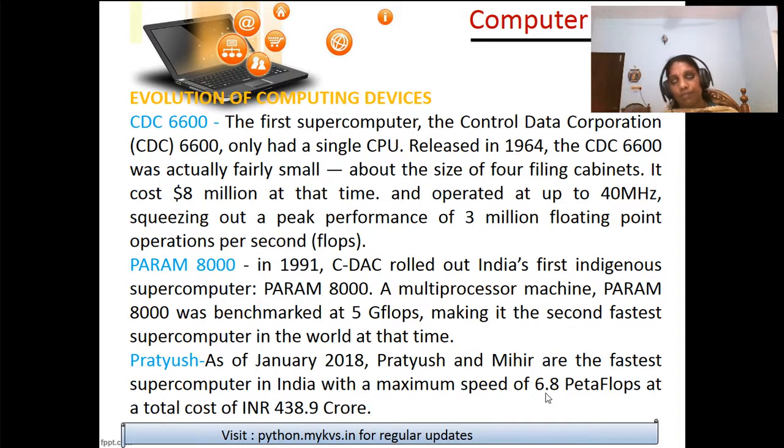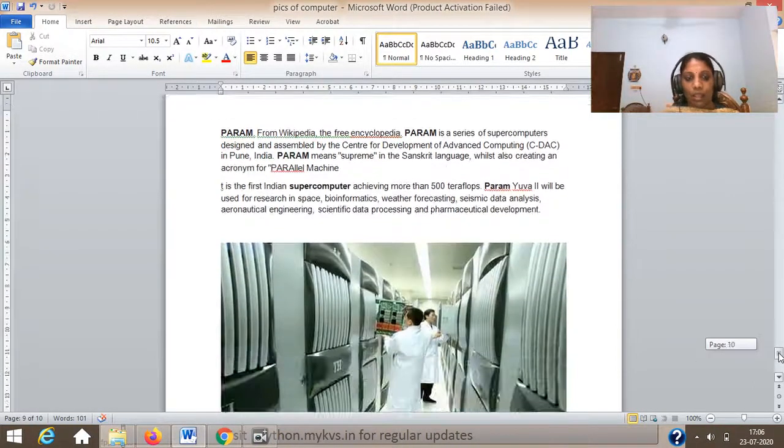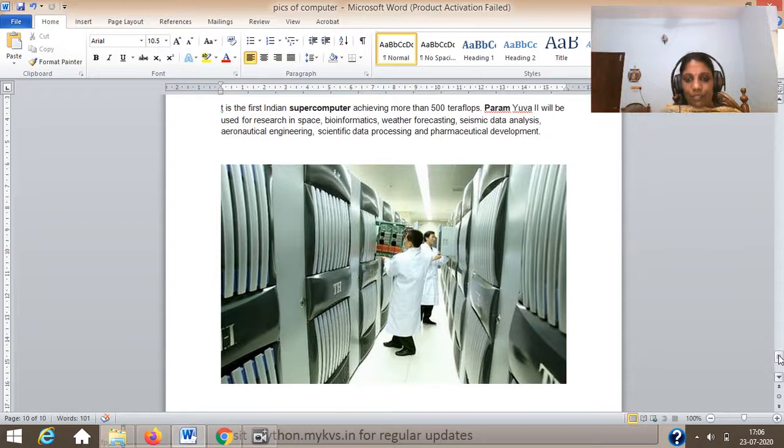Peta is the highest, like gigabytes, terabytes, petabytes we say. The speed is also quite fast, and the total cost is 38.9 crore. And this is it. The processors are shown here.